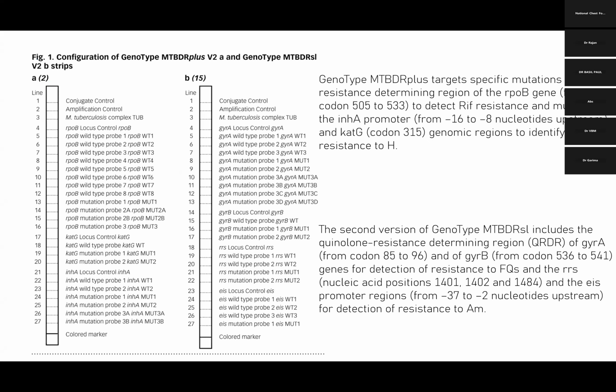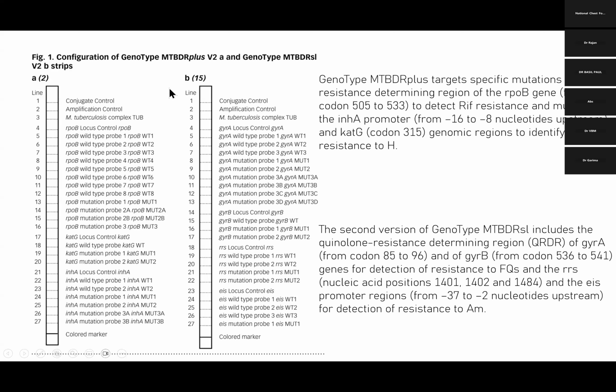How do you actually interpret it? This is the configuration of the Genotype MTBDRplus version 2 on the left side, and the MTBDRsl version 2 on the right side. Genotype MTBDRplus targets specific mutations in the rifampicin resistance determining region of the rpoB gene, from codons 505 to 533, to detect RIF resistance, and mutations in the inhA promoter from -16 to -18 nucleotides upstream, and katG. So if you look at A, in line 1 there is the conjugate control, then there is the amplification control.